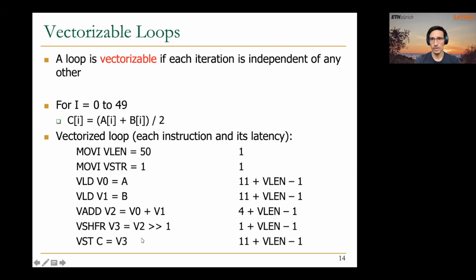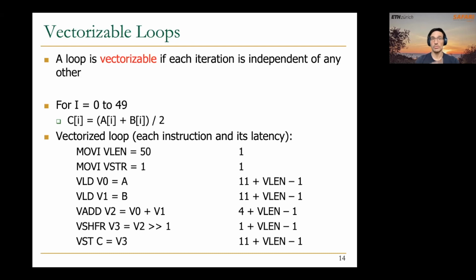Observe that here at the right-hand side, we have the latencies of each instruction. For now, we assume that these move immediate instructions just take one cycle. But then, for example, the load instructions are going to take longer. Typically, memory accesses are operations with longer latencies. In our example, we assume that one individual access to one bank in our memory is going to take 11 cycles.